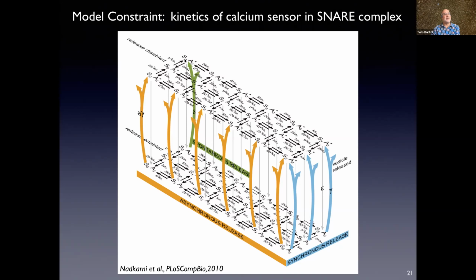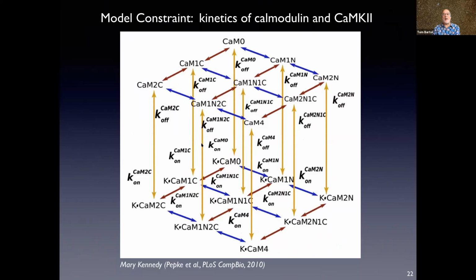The synchronous sensor is synaptotagmin 2, I think, and the asynchronous sensor is synaptotagmin 9 or something like that, if I get my subunits correct. And then the kinetics of calmodulin and CaM kinase 2. You'll hear more about this from Miriam on Friday, I hope, if there's time, previously published by Mary Kennedy and Pepke et al., PLOS Comp Bio 2010.